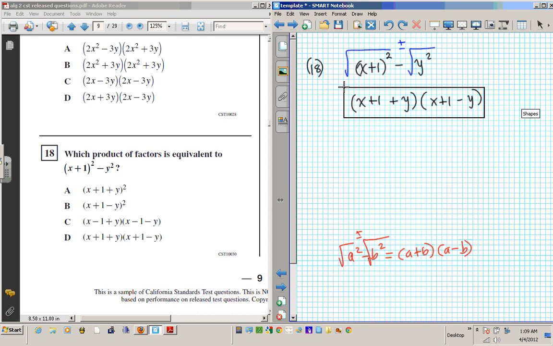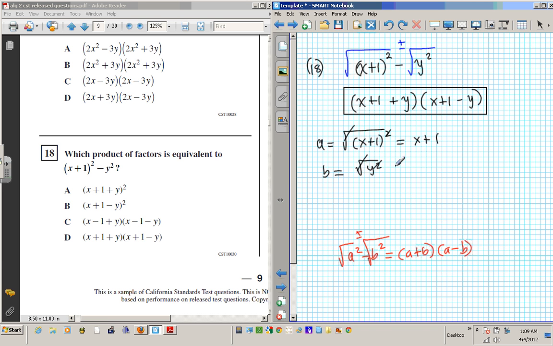Now, if this methodology I'm using is too complicated for you, you can also say, oh, let's find a. A is the square root of the first one, x plus 1 squared, which is x plus 1, because the square and the square root cancel out. And then b is the square root of the second one, y squared, so this cancels out, which is just y.